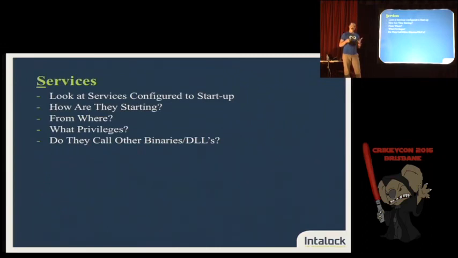You might not be able to see it if you're a low privileged user, just because of how Windows hides certain things from you, but you can deduce that it's a higher privilege than you have. Do they call other binaries and DLLs that you might control via configuration files, file permissions, or even other registry keys that might be worth inquiring about?